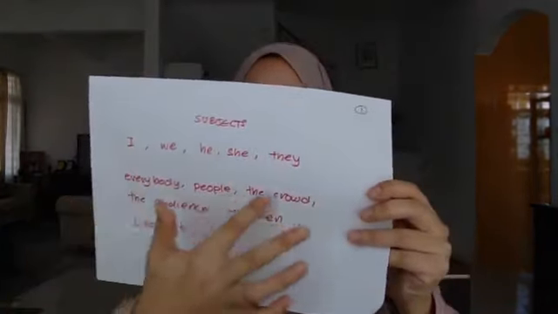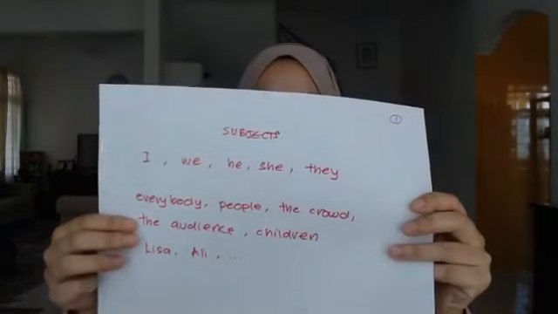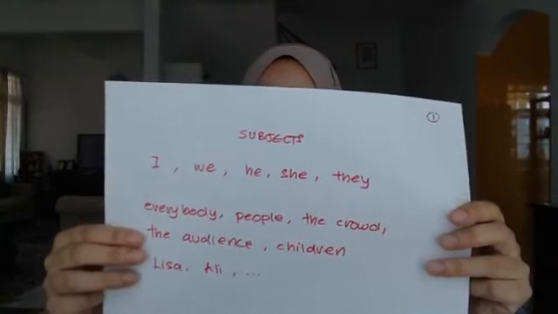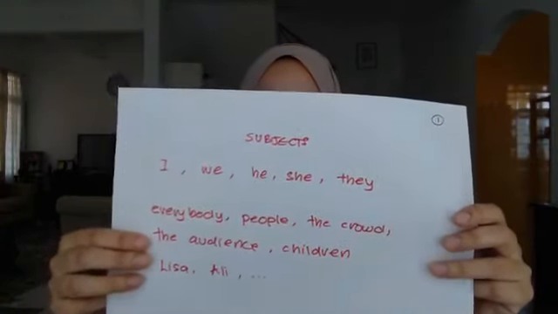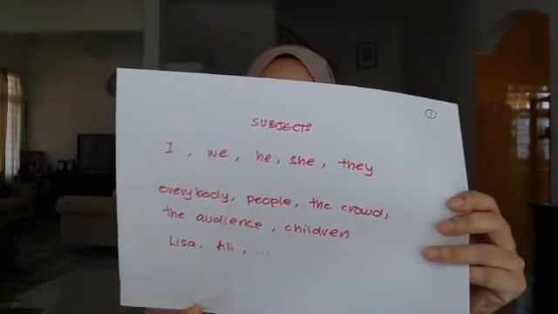And they're all subjects: everybody, people, the crowd, the audience, children, and then names of people like Lisa, Ali, Azimah, Sumi, Nurul Irwan. We're all people. So we are the subjects and we feel the emotion. We're talking about subjects feeling the emotion, using the adjectives to suit the subject, okay? All right, so that's done. Subject is clear.